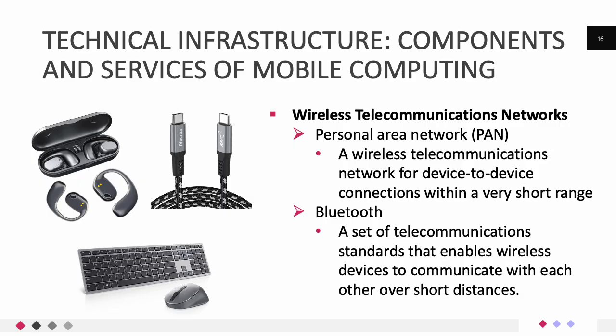Think of your wireless earbuds connecting to your phone or your smartwatch syncing data with your laptop. The range is short, right? Just a few meters, but it's perfect for your personal devices to share stuff without cables, okay? That's the personal area network.